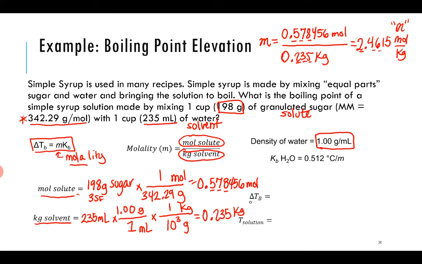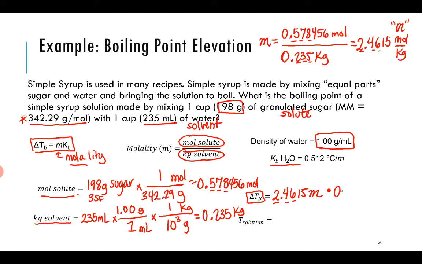So when I'm calculating my delta TB, I can use my delta TB equation. And delta TB is equal to my molality of 2.4615 molal with 3 sig figs times my boiling point elevation constant.